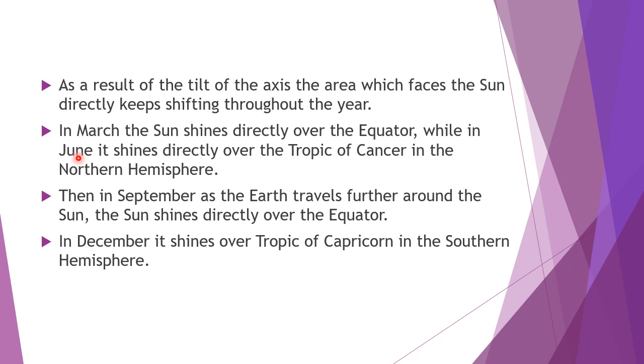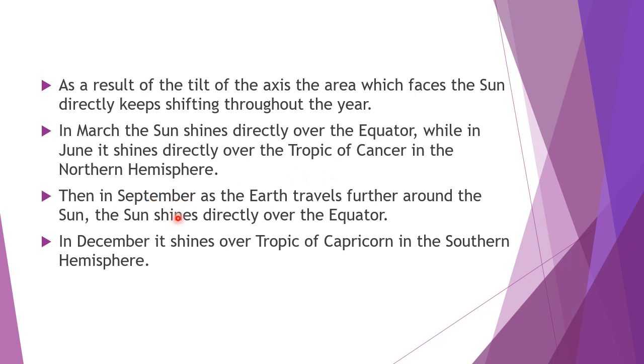Because of the Earth's tilt position. In June, the Tropic of Cancer is directly facing the sun. The Tropic of Cancer passes through the middle of India, you know that. Because of that reason, India gets the direct sun rays. Not only India, wherever the Tropic of Cancer is around the earth, those areas get the direct rays of the sun in the northern hemisphere in the month of June. So that is summer time.